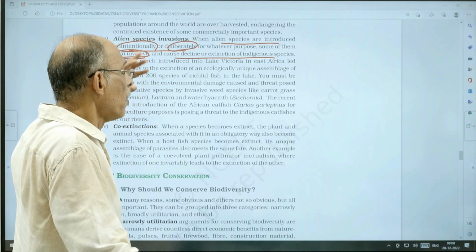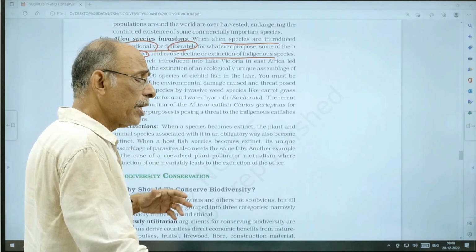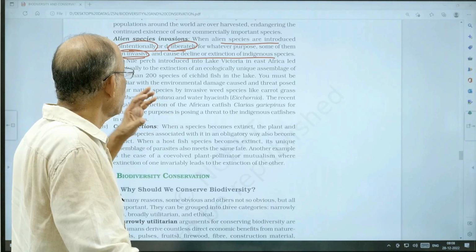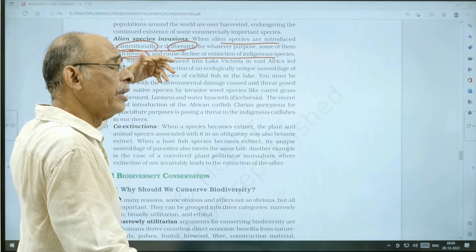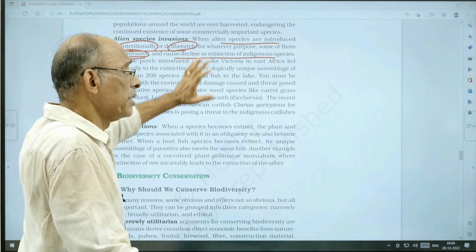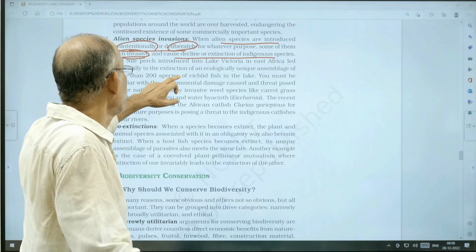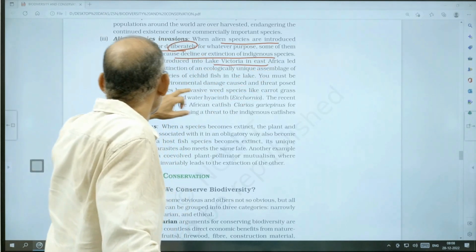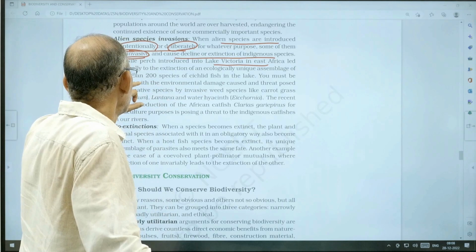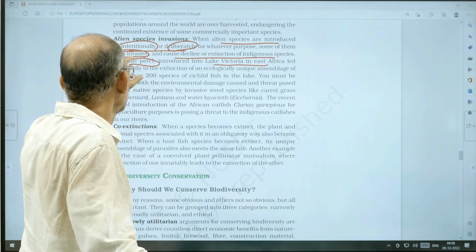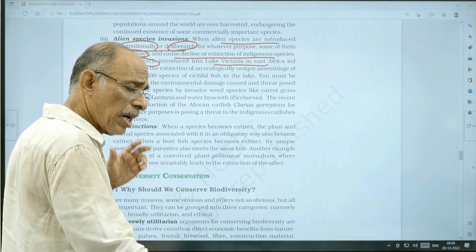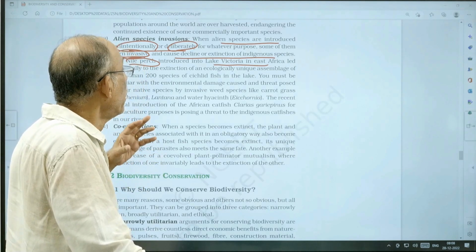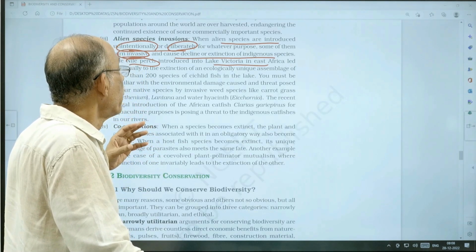We also introduce many plants, especially garden plants, and some of them may become invasive and destroy our natural populations. For example, in Lake Victoria in East Africa, the Nile perch, a huge carnivorous fish, was introduced into the lake.